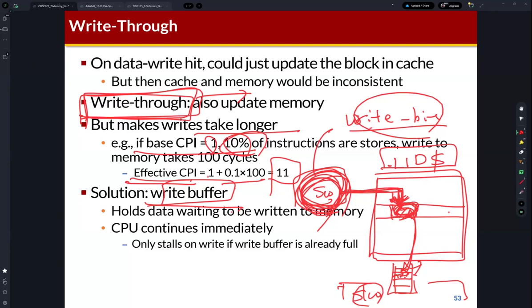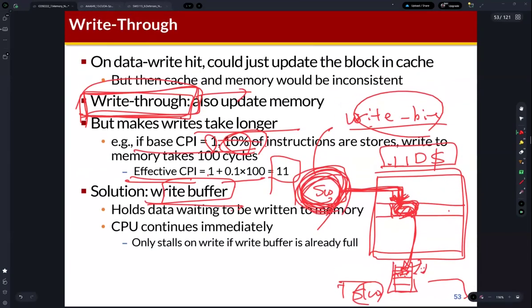So the updates to main memory will be reflected later, but the request is immediately given to this write buffer. Then the update will be done later, but the write through policy can be implemented. Also, we can avoid the huge performance drop.